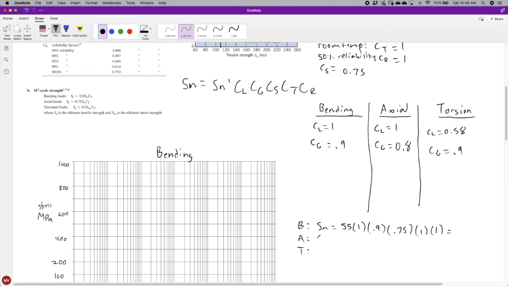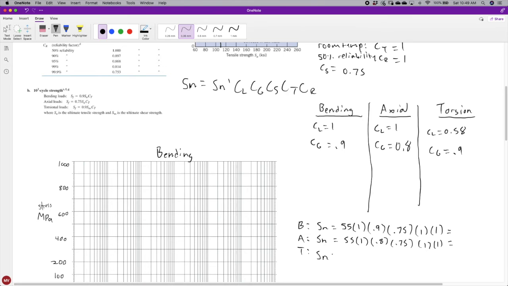For axial loading, it's a similar procedure: 55 times our loading factor times our gradient factor, which is 0.8 in this case, surface factor, temperature factor, and reliability factor.